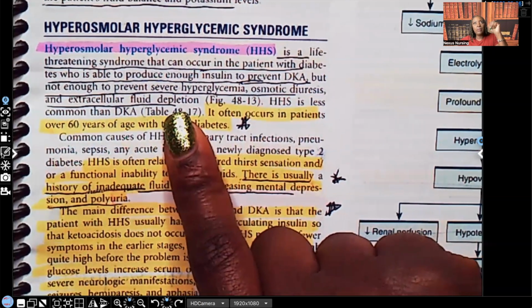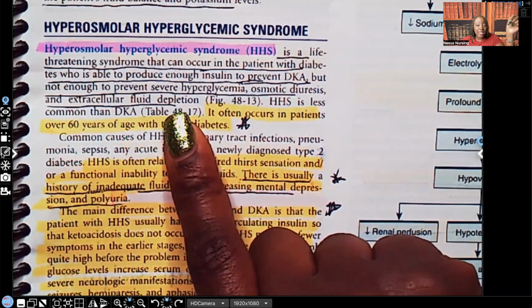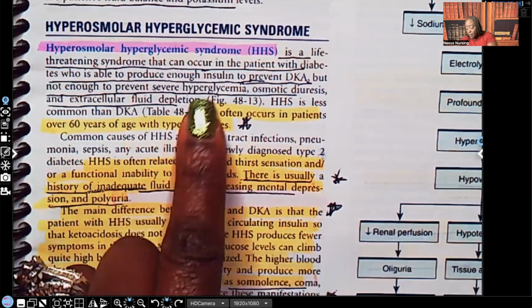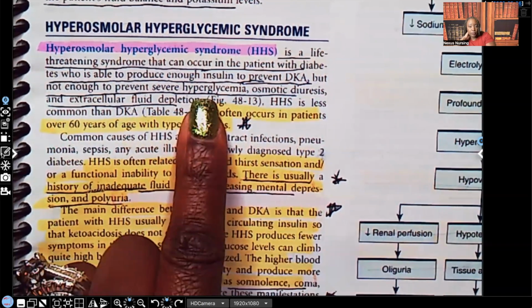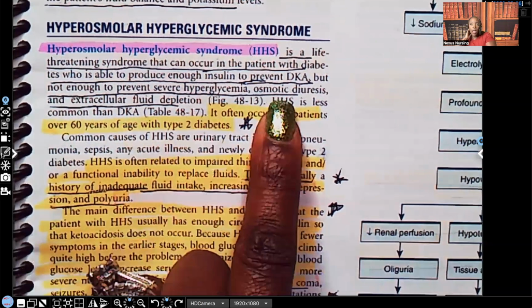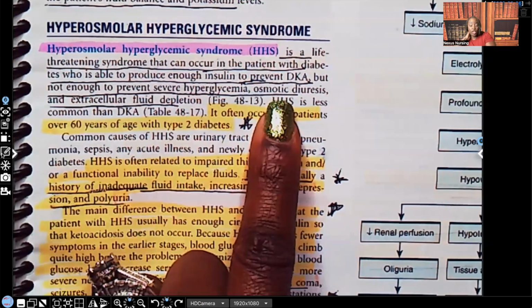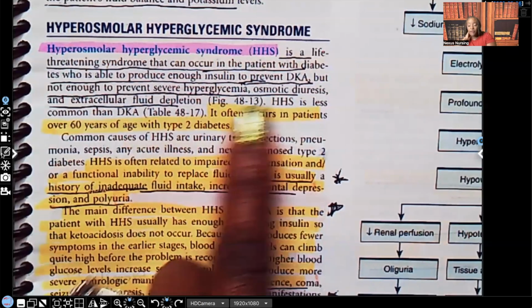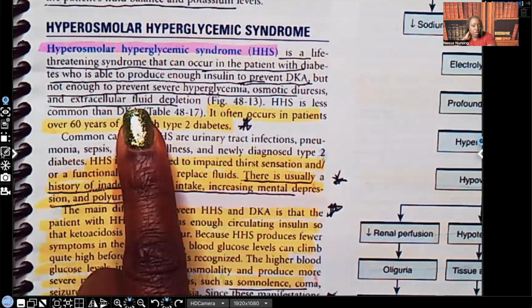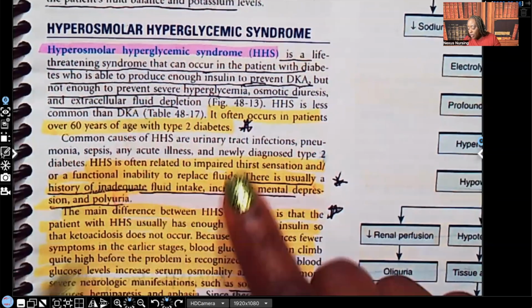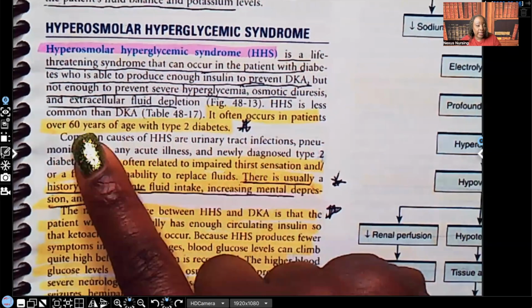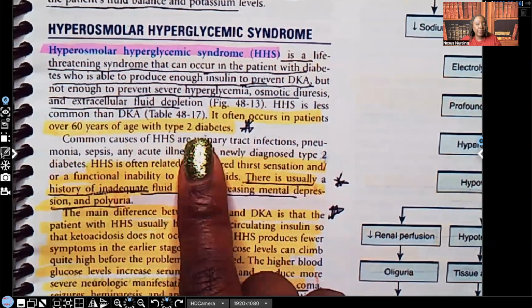So the pancreas is providing enough insulin so that the patient doesn't go into DKA, but not enough to prevent high blood sugar, the excessive urination where the body's trying to get rid of the sugar in the urine, or dehydration. It often occurs in patients over 60 with what type of diabetes? Type 2.